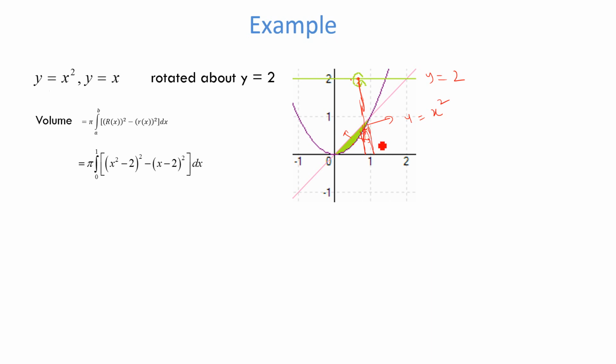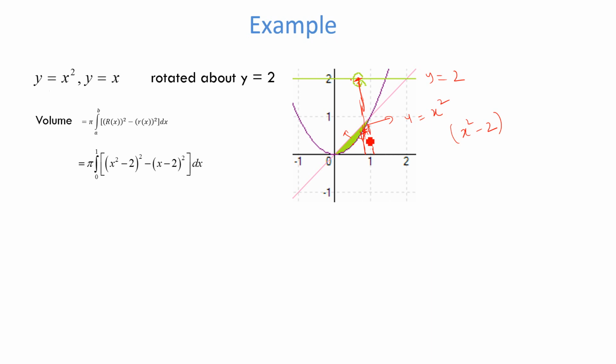So x² minus 2. So we are actually going to revolve x² minus 2. That is, we are going to revolve this.